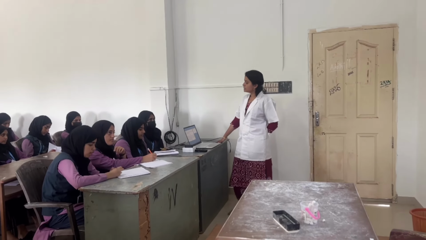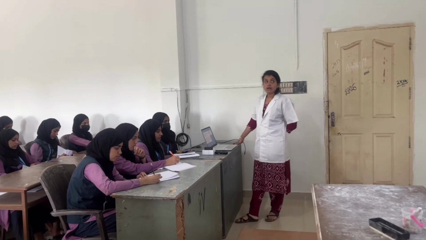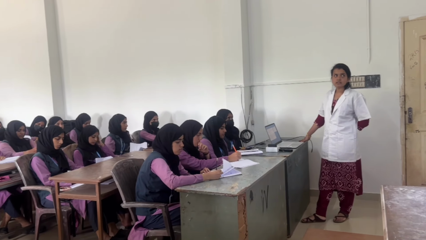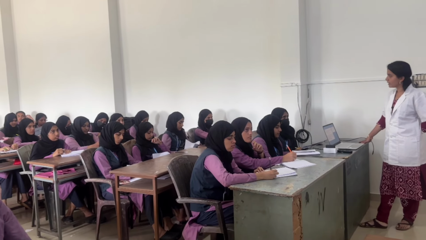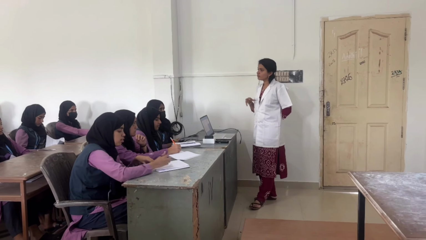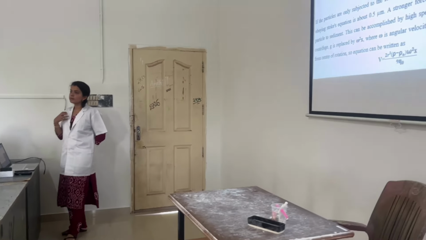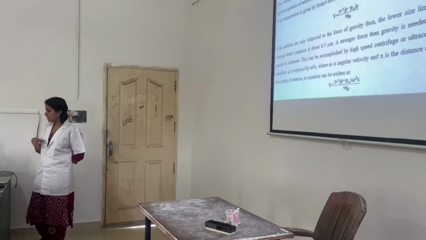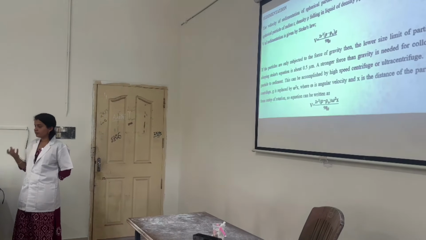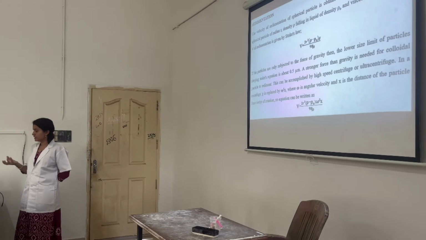Now, if the particles are only subjected to gravitational force, they should have a size limit of 0.5 micrometer. We know the colloidal particles are in the size range of nanometer. So, in order to settle these colloidal particles, we have to apply an external force. That external force which we apply is through a high speed centrifuge or an ultra centrifuge.